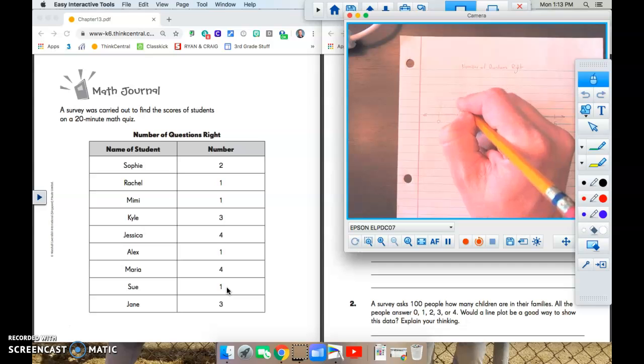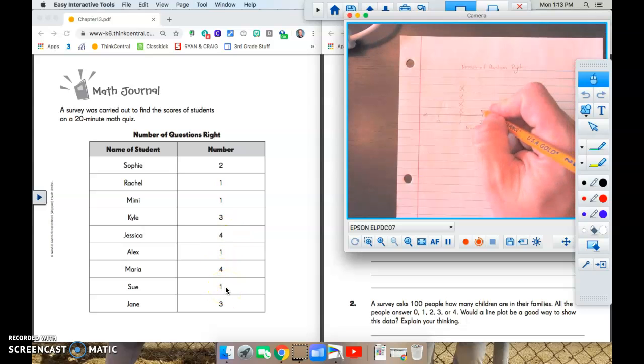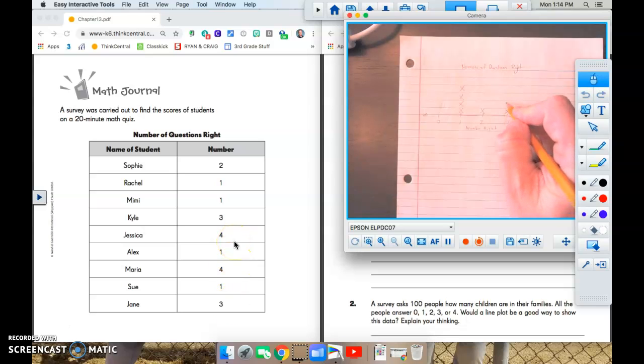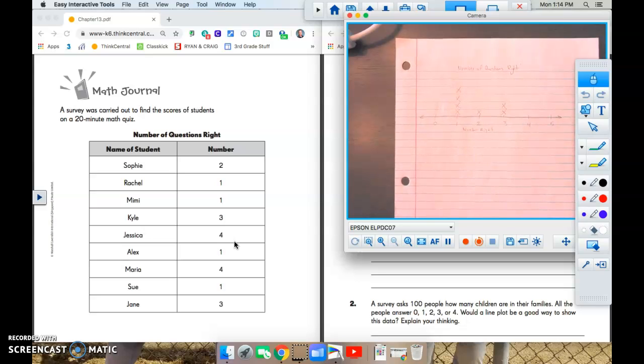Twos, we have one question correct. Threes, we have 1, 2. I'm trying to keep them in the line so that we can really easily see what we're doing there. And 1, 2 for the fours.